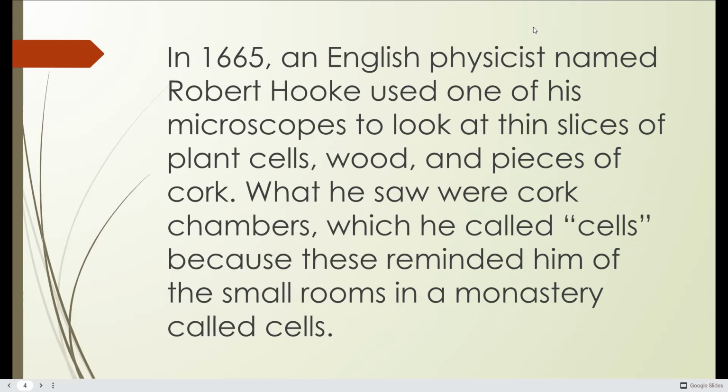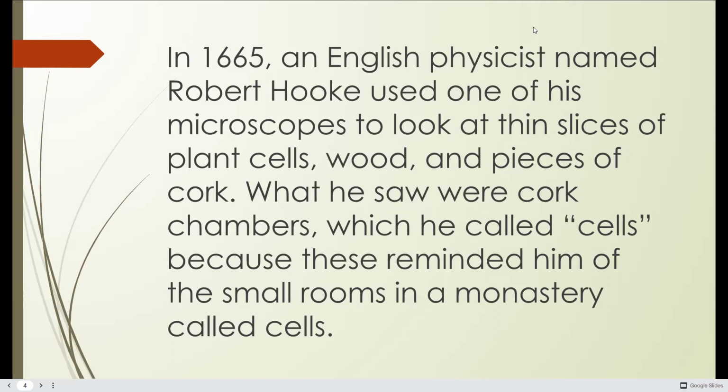In 1665, an English physicist named Robert Hooke used one of his microscopes to look at the inside of a piece of cork. He saw small chambers, which he called cells. It looked like a room.